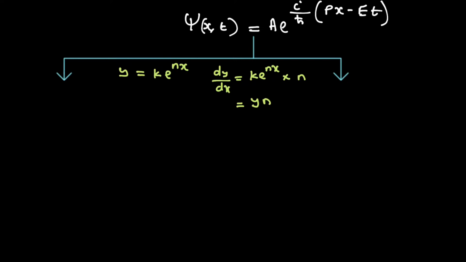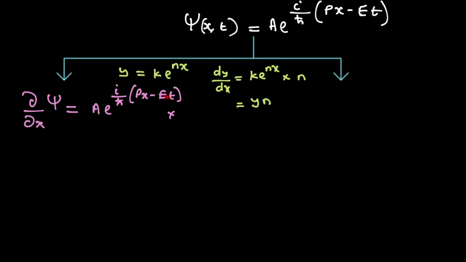So we're going to write this as partial derivative with respect to x of the psi function, which now will be equal to a whole function back, which is the a e to the i over h bar, open bracket px minus et, and then we're going to times that by the derivative of this one here.